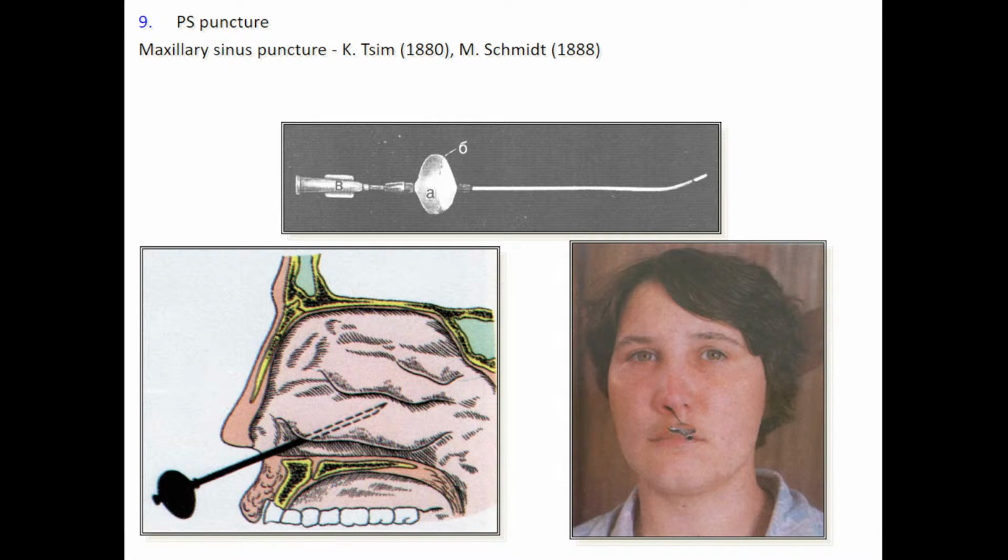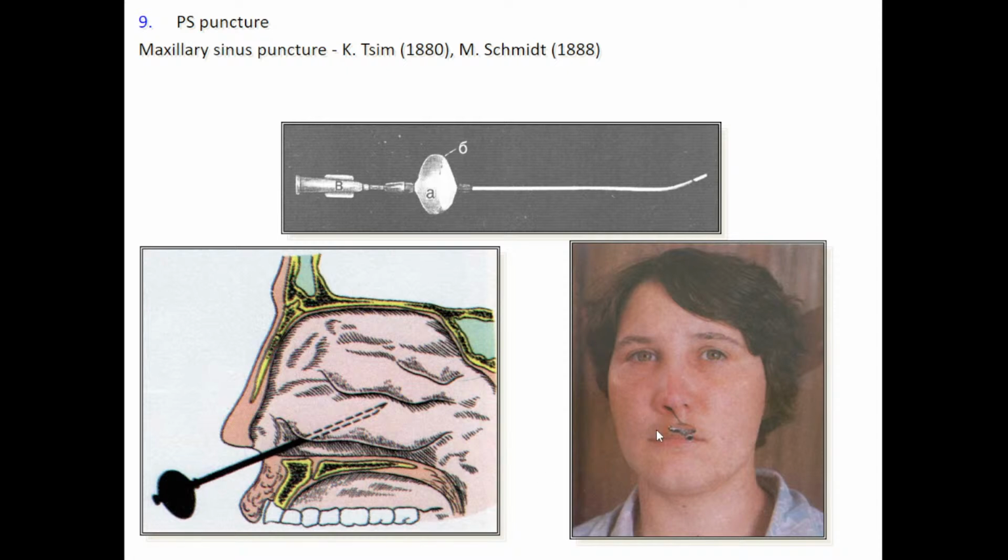Sometimes we use, but it's more widespread in the context of the former Soviet Union, the puncture of the maxillary sinus. It's a special needle, the Kulikovsky needle, and we use it for draining the maxillary sinus through the inferior nasal meatus.